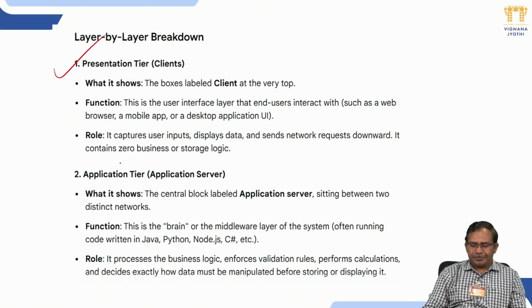This particular layer is able to receive the request from the client and forward it to the bottom layers. Then the application tier is also called the application server. It shows the central block labeled as application server sitting between two distinct networks, which is able to take the request from the client and submit it to the query execution area.